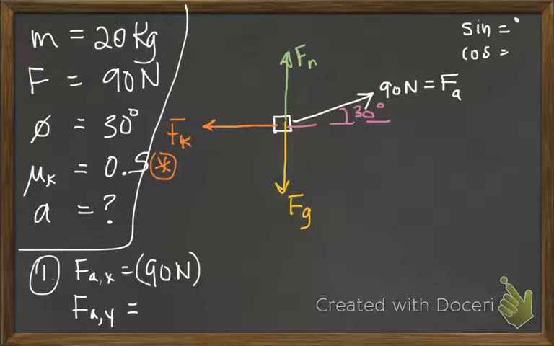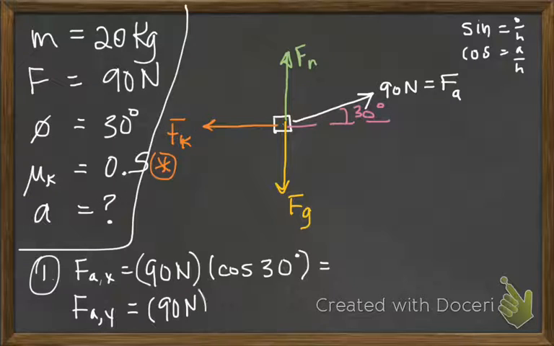That one is adjacent over hypotenuse. So for your X component, is the 30 degrees opposite or adjacent? It's adjacent. So you're going to say times cosine of 30 degrees. And we'll do just the opposite for the one in the Y direction, the sine of 30 degrees.